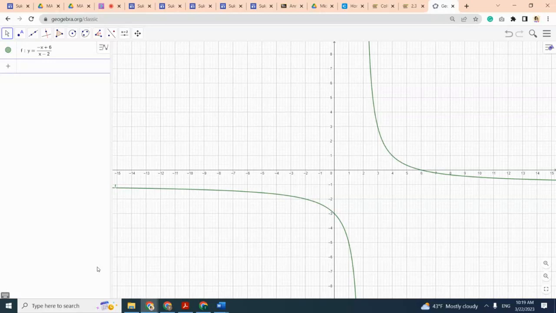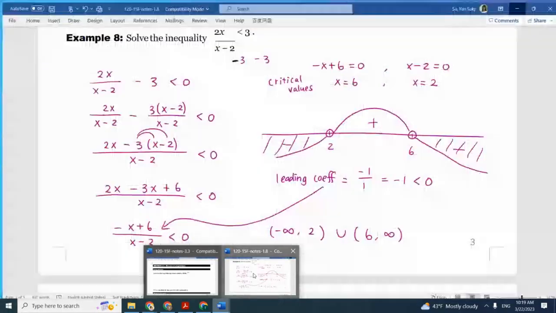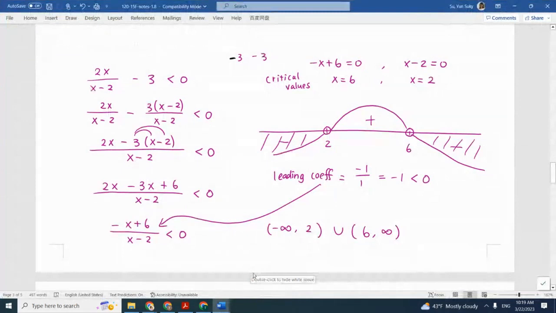Okay, so this is our function. Think about it. When x goes to 2, what happens? Let's say x is like 2.01. When you plug it in, you get negative 2.01 plus 6 over 2.01 minus 2, right?